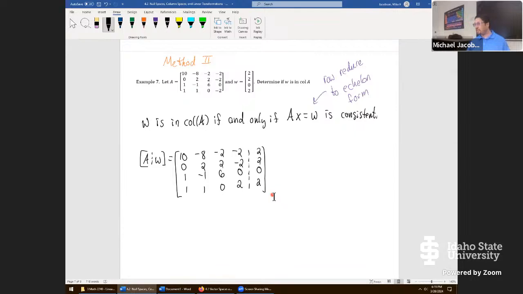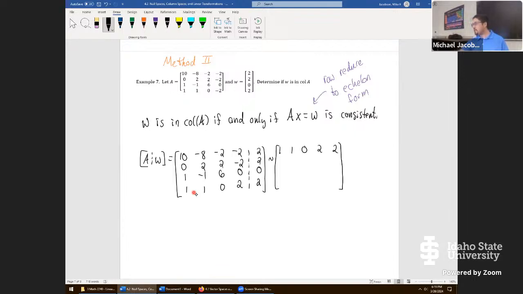Okay, well, let's give this a try. The row reduction, even though we're going for echelon form, I wouldn't like this row 1 right where it's at. That's just not convenient to have a 10 there. So let's start by just flipping row 1 and row 4 to start this one off. So we have row equivalents where row 1 is 1, 1, 0, 2, 2.